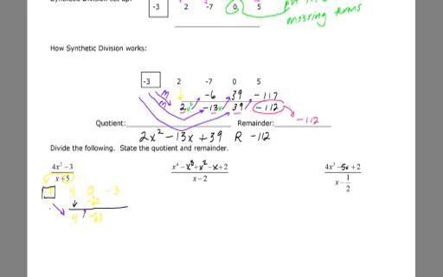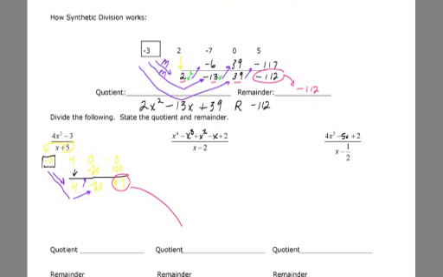Negative 5 times the negative 20. Put that above the line, that gives us positive 100. And when we add these, it's always an addition, or subtraction depending on the signs, we get a 97. So our quotient is right there, and our remainder is right there.